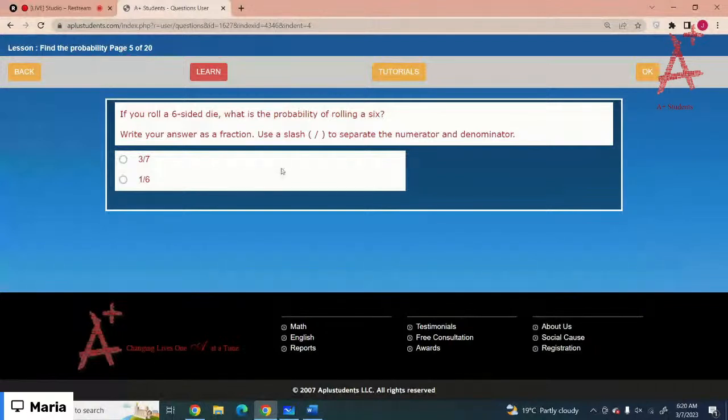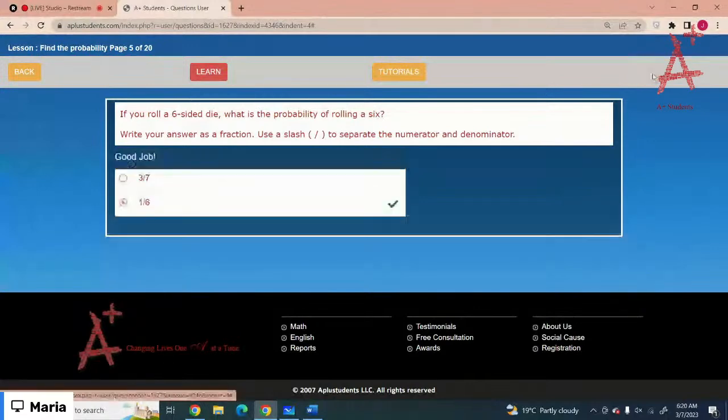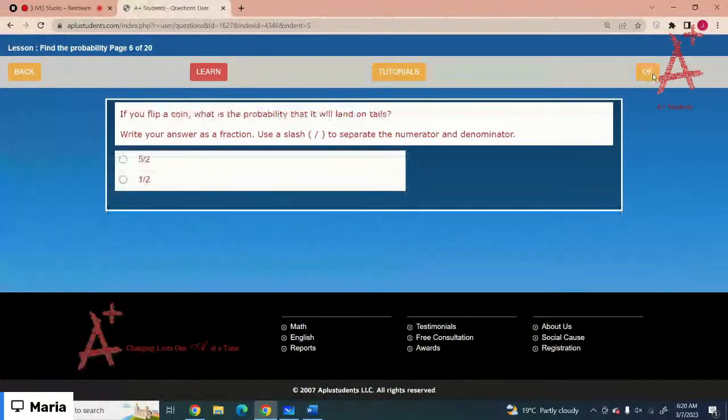Yes, it is 1 over 6. If you flip a coin, what is the probability that it will land on tail? Yes, it is 1 over 2. Got it.